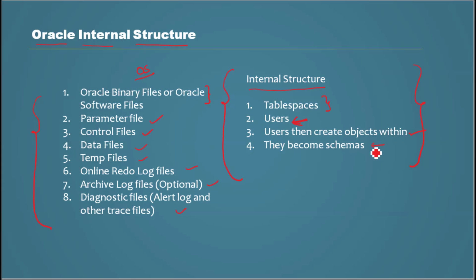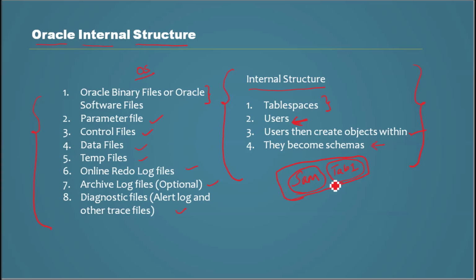You are also a user, but since you own some objects, let's say I log in as Sam and then I create a table called tab1, then the table can be identified like this: sam.tab1. But the important thing is tab1, which is the table, is owned by my user.